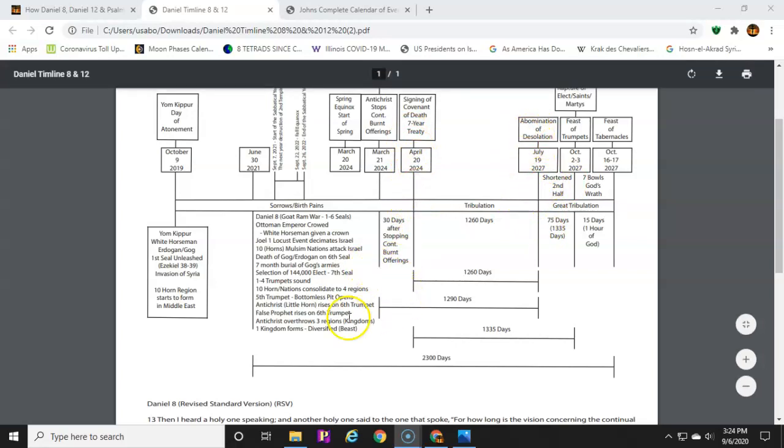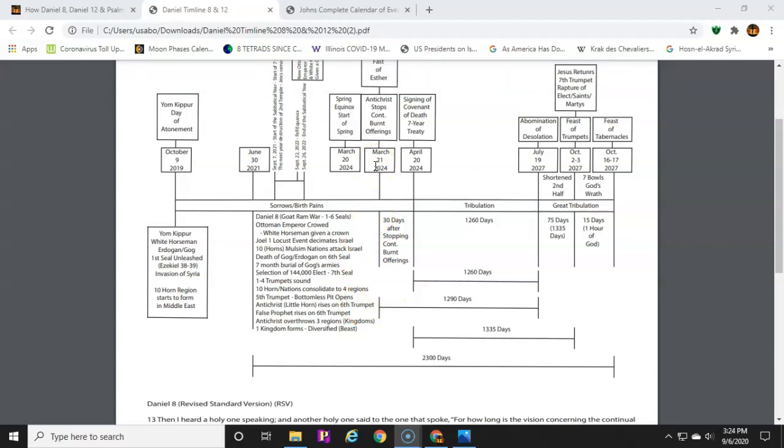It's a span of time of 1290 days from the time he stops the continual burnt offerings through abomination. Once you see him stop those continual burnt sacrifices, and he proclaims to the Muslim nations or the Jews or whoever that he's in control at this point, and you have to stop these sacrifices and continual burnt offerings.